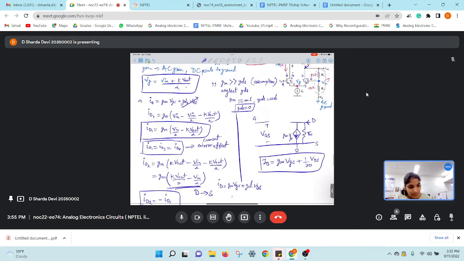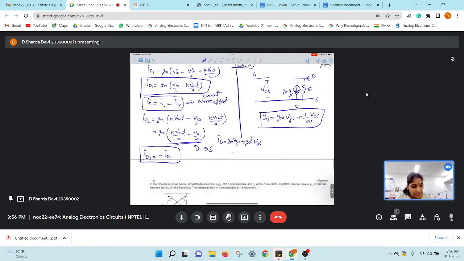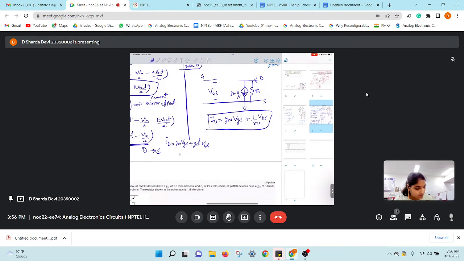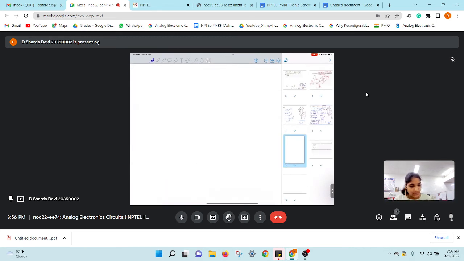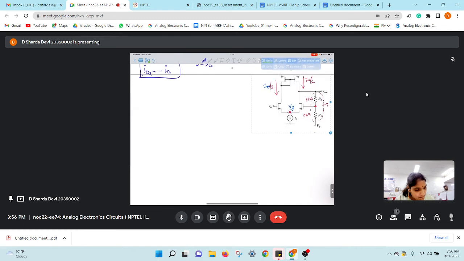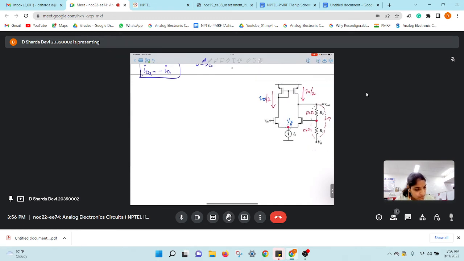So ID2, what I have written right now, is from drain to source. Yeah, so this is how we have mentioned our small ID2.